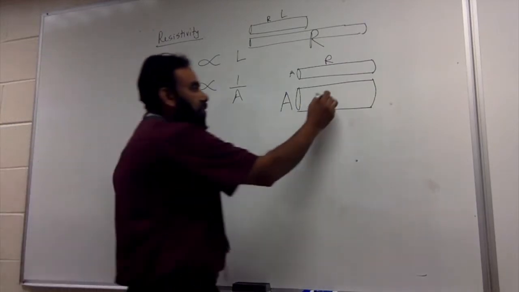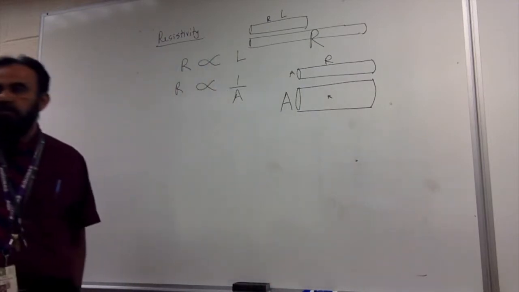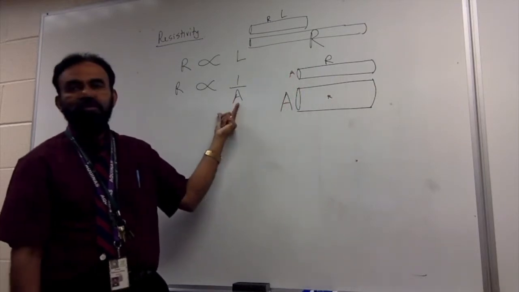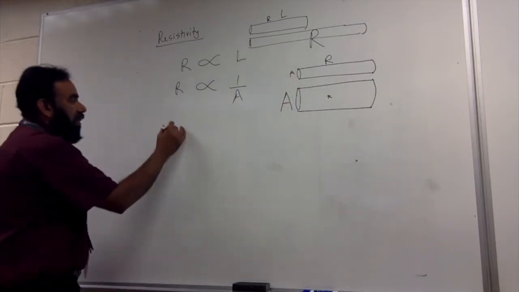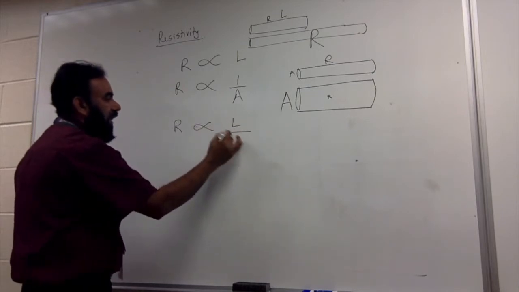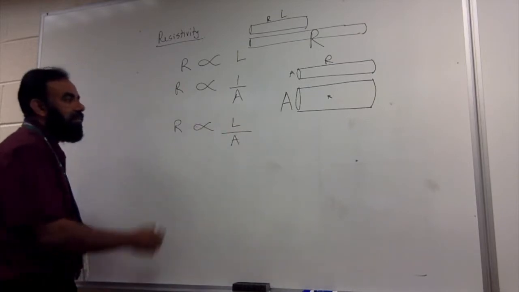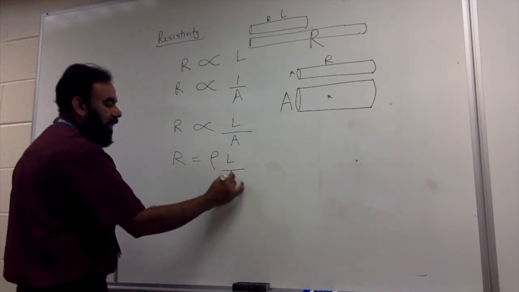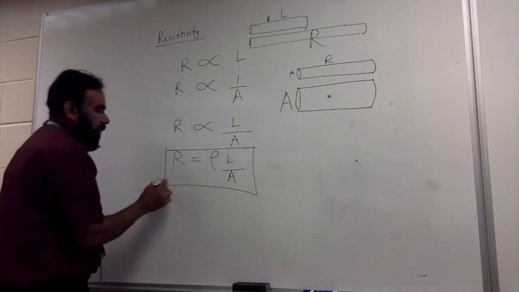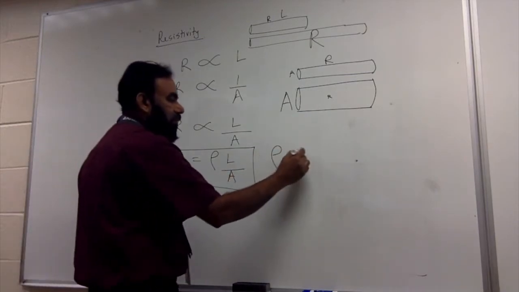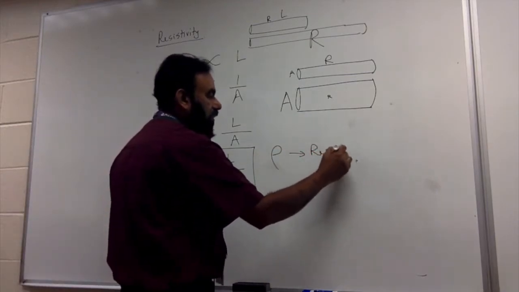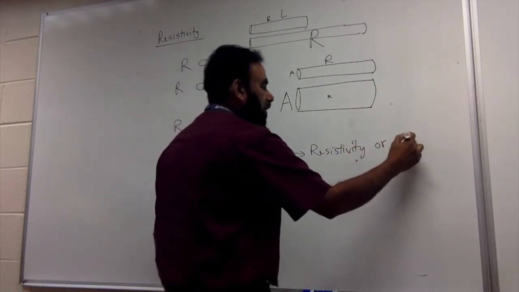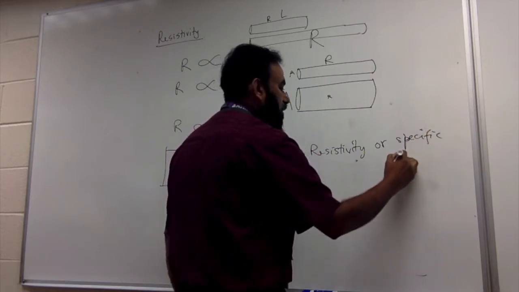So the resistance goes smaller when the area gets bigger. R is proportional to L and inversely to A, and R is equal to a constant of proportionality times length over area. This constant of proportionality is called resistivity, or specific resistance.